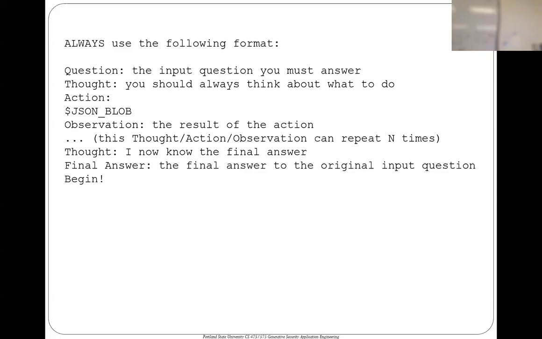You're giving it the full execution trace, so that at every iteration of the reasoning you can figure out whether or not you're done. You're progressing and getting more information as you go down this template. Eventually you'll say, I know the final answer, and that's at the bottom. So that's the whole prompt template.